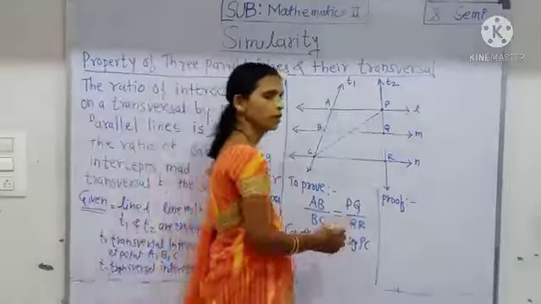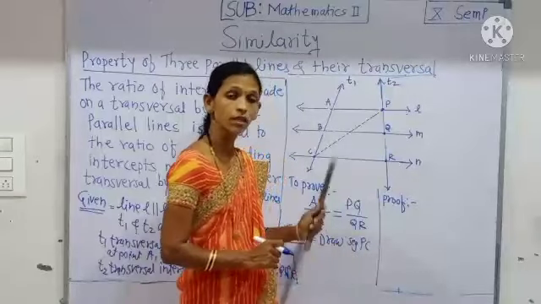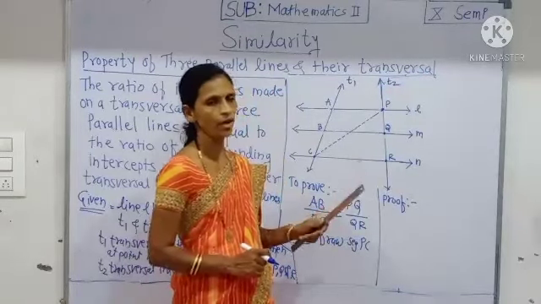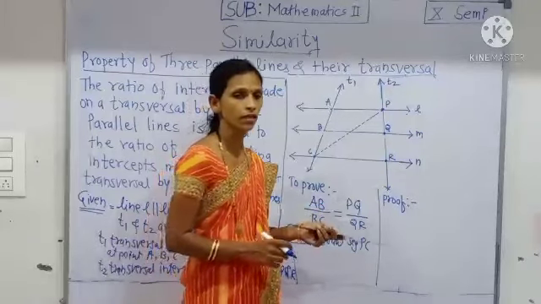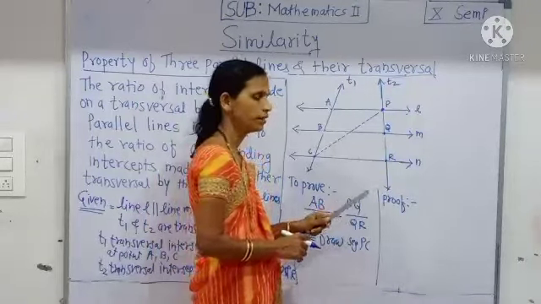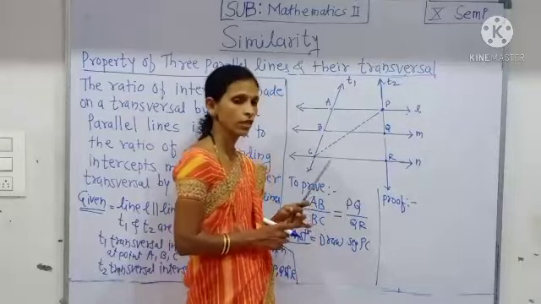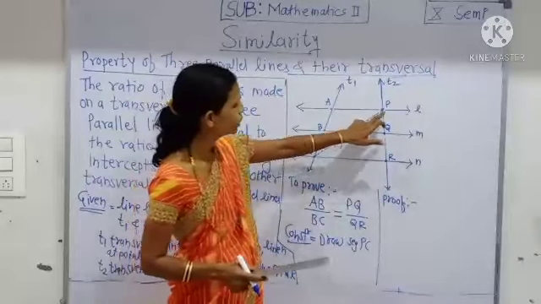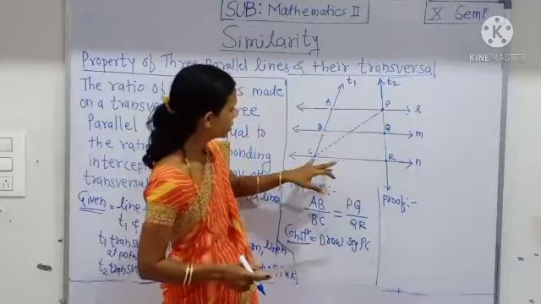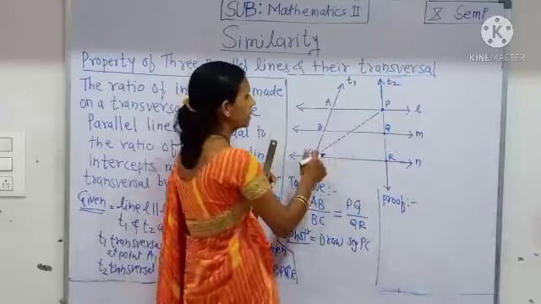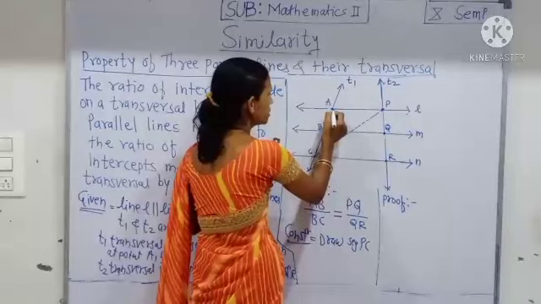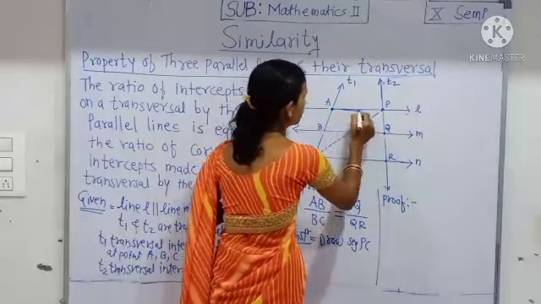Now the proof. Again, line L is parallel to line M, parallel to line N, and if we draw the line segment PC, then triangles are formed.